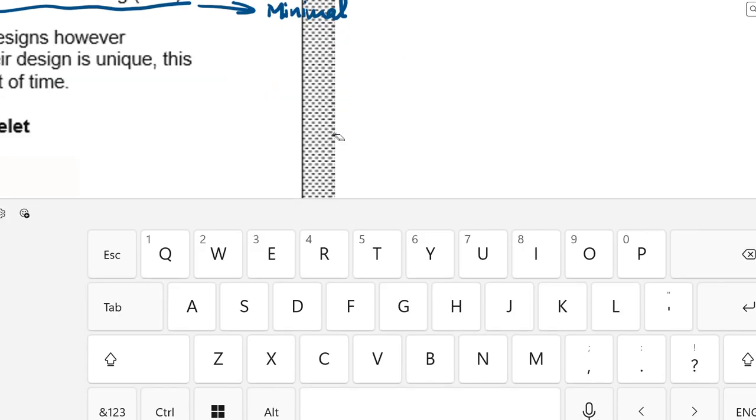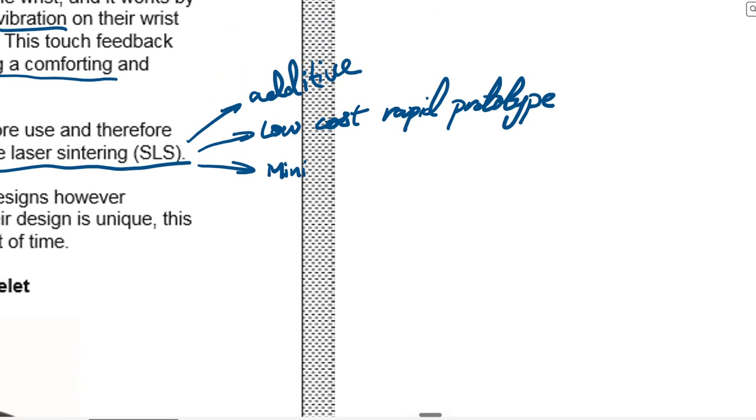And so it should actually be zero supports. So no support needed.